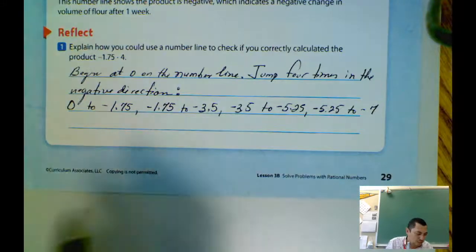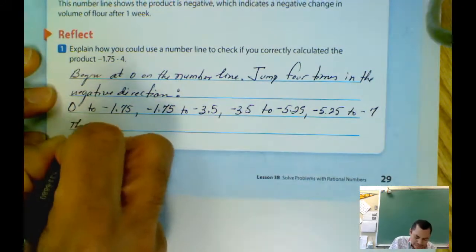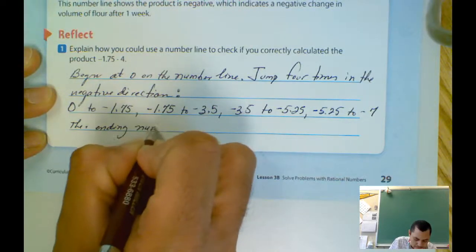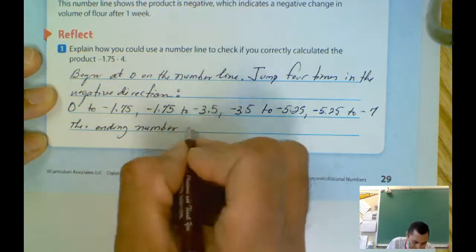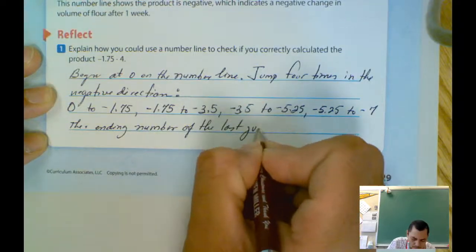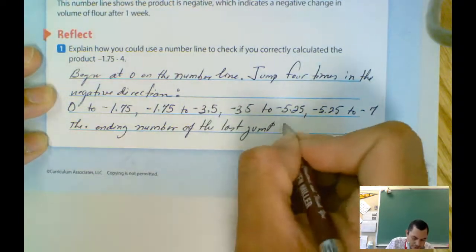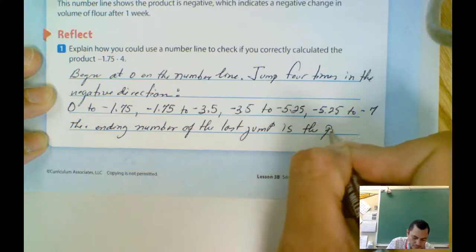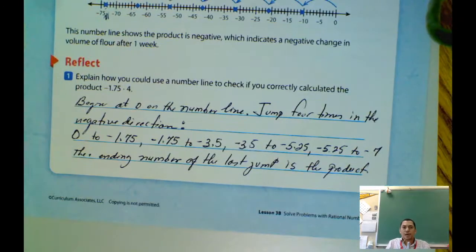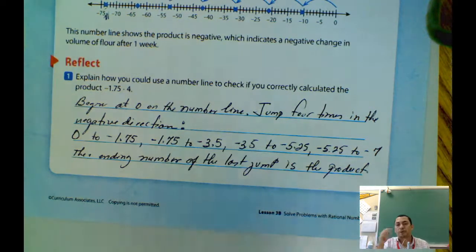And that's the solution. So in this case, the ending number of the last jump is the product. Okay, so that will be the solution. So remember, in this case because it's negative, we jump to the left to the negative numbers. If it were positive, we would jump to the right of the number line.